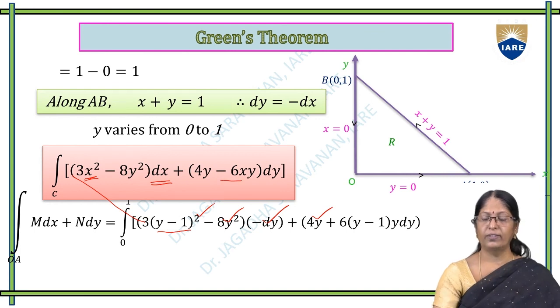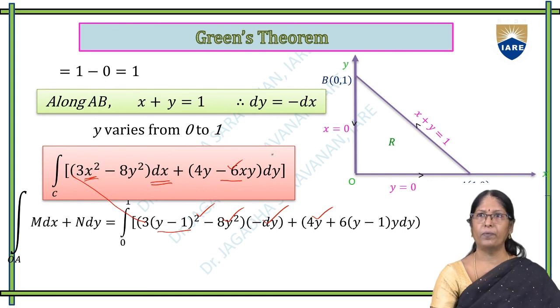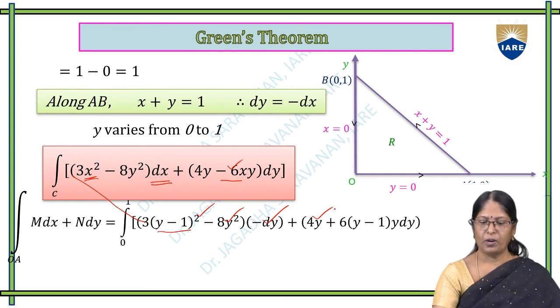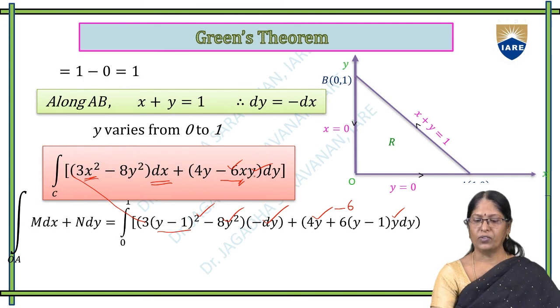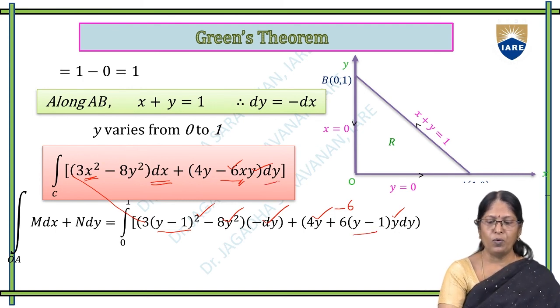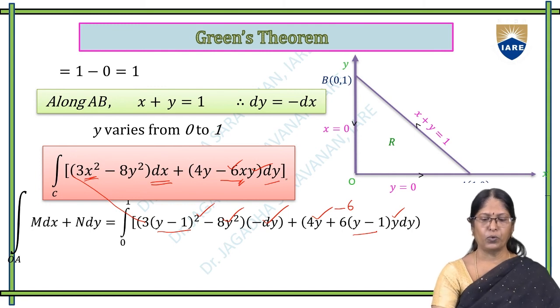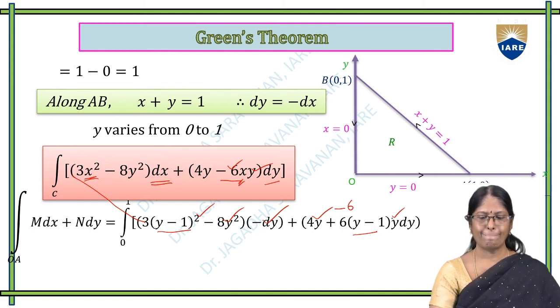Here minus 6 is to be written. This y is y, and this x is replaced by y minus 1, and dy is written as it is.